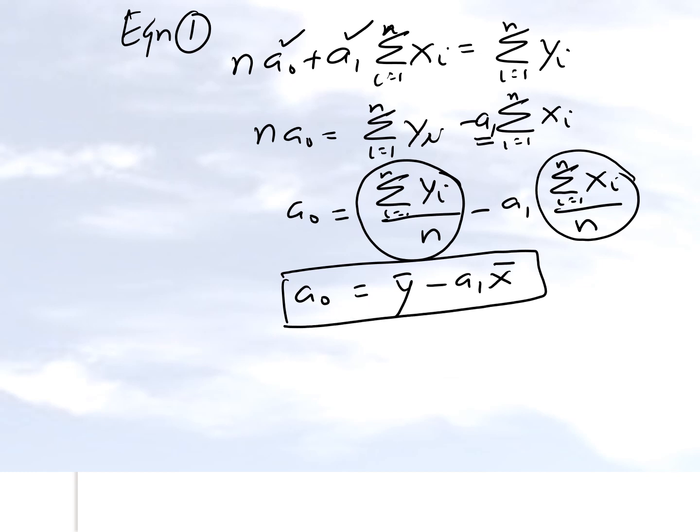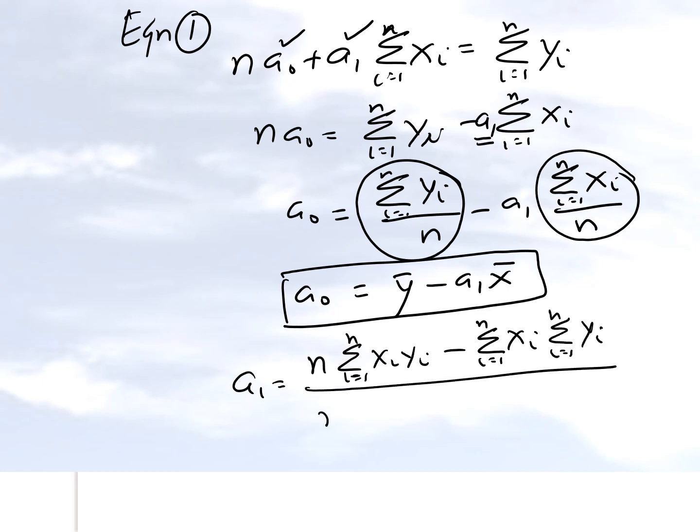Okay, and just recall a1 will be this quantity right here. That is the numerator, and the denominator is this quantity right here.